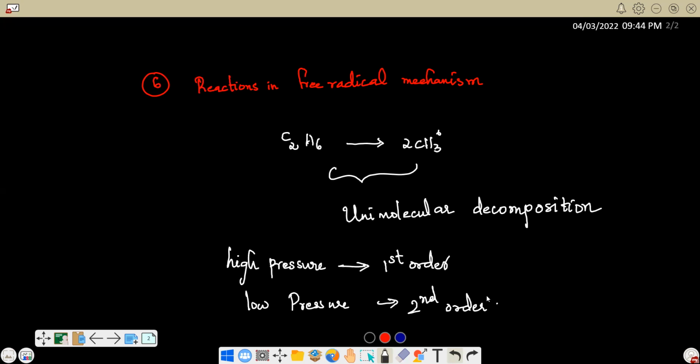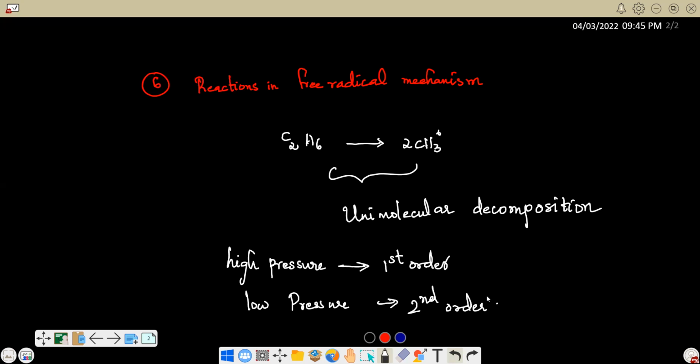Now we can discuss the theories of unimolecular reactions. How does activation of unimolecular reactions take place? The reaction takes place only if the molecule is activated.